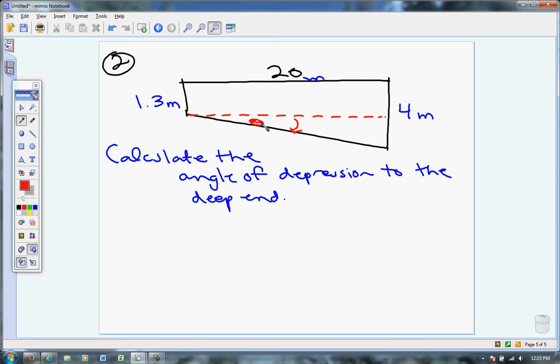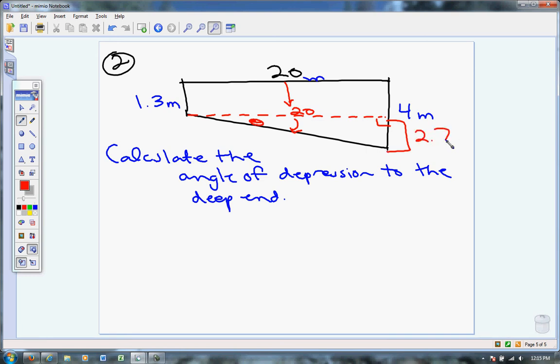And if you'll notice, we do have a right triangle situation. I do have a side of the triangle. This is 20. And the other side right here, if I do subtraction, right? It's 2.7.